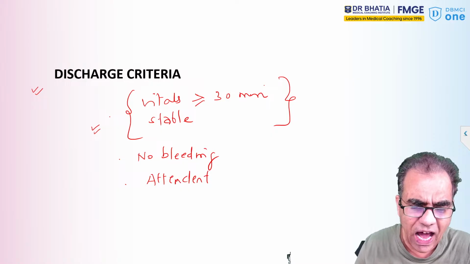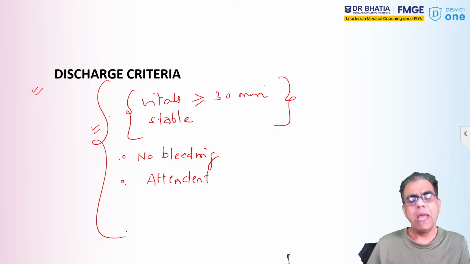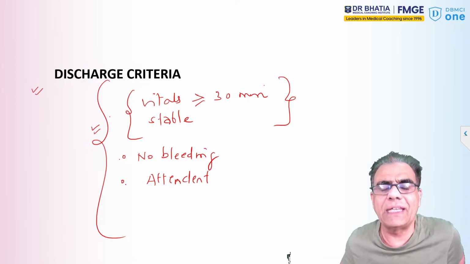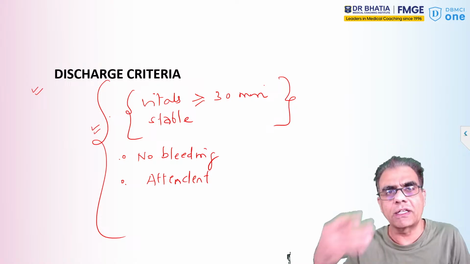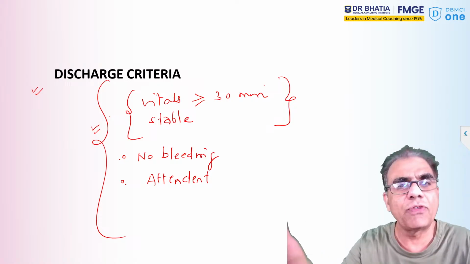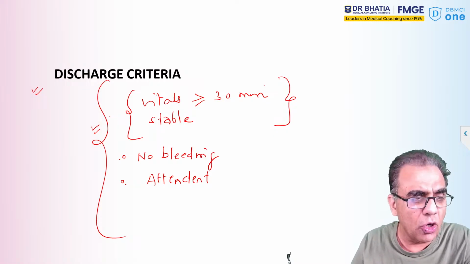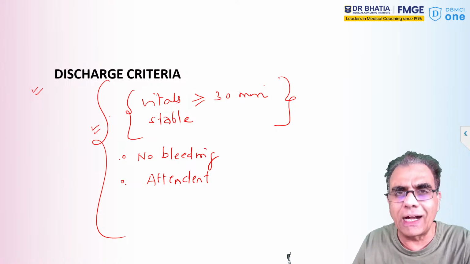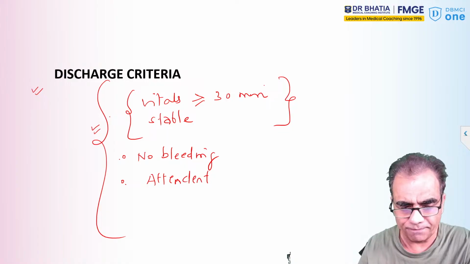We also generally ask the patient to be near the hospital. There is no fixed distance or time, because it depends on the area. In India, in some cities, even if the patient is 5 kilometers away, it can take 5 hours. So they say it should be near the hospital so that if there is a requirement, the patient can be immediately brought to the hospital.